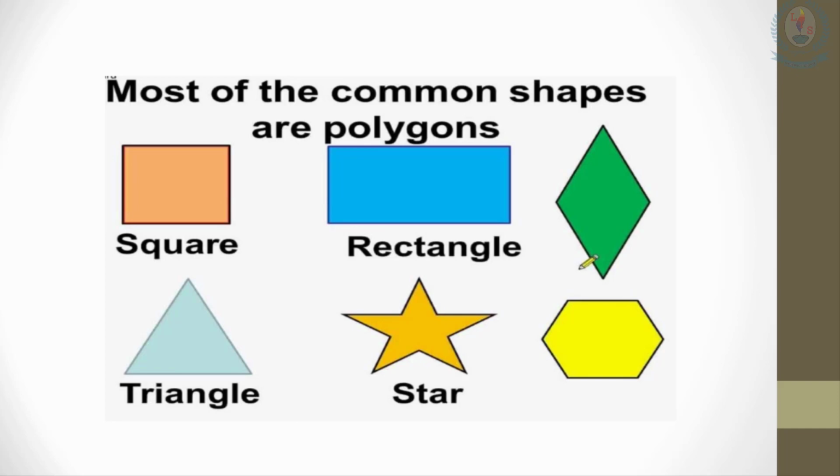In the previous grades, you have learned about these shapes: square, rectangle, rhombus, triangle, star, hexagon. There are so many kinds of polygons formed by straight lines, and you can see there are no curved lines, and all are closed figures with no cross lines. So we consider these polygons.